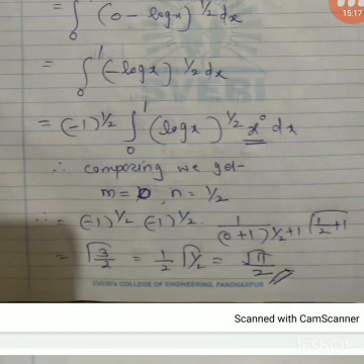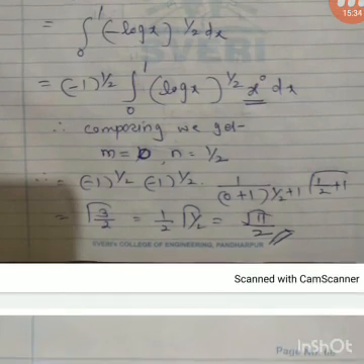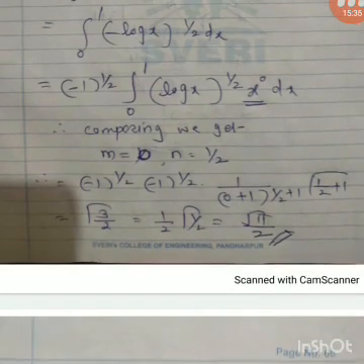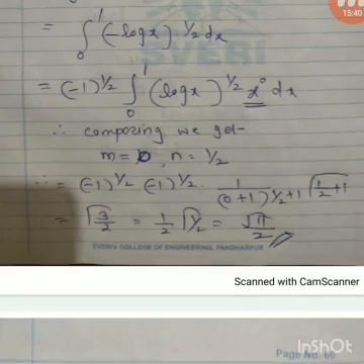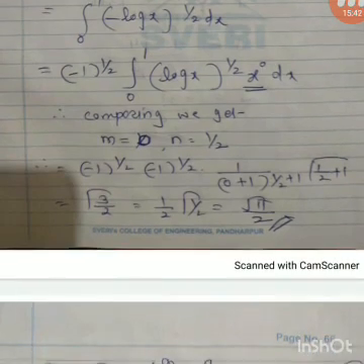We have used the log property, log of a by b is log a minus log b, and the value of log 1 is equal to 0, so we get (minus log x) raised to half.